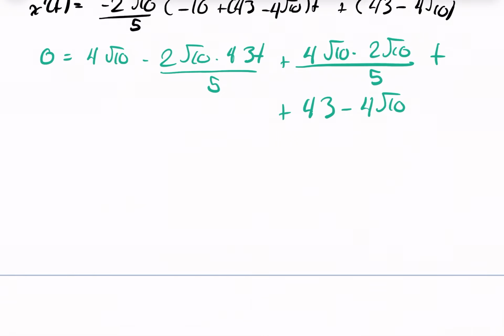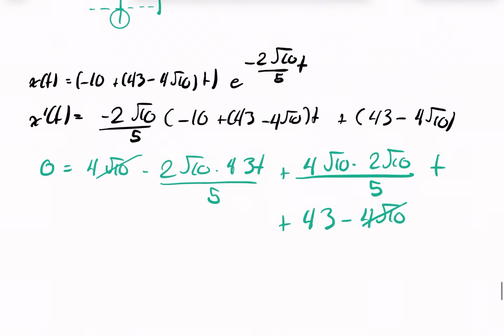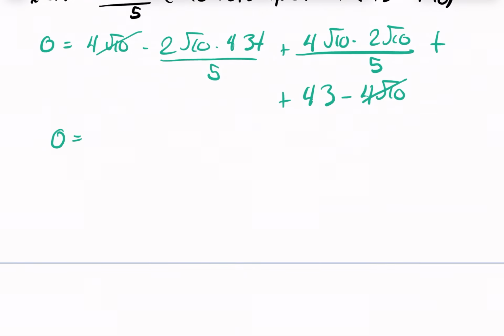Okay, cool. And so then we're going to simplify. We see that this and this cancel out, and you're going to add these two up and then be left with 40. What was my initial condition? Oh yeah, we're on question 6 right now. So we're at 43, and then we get 0 equals 80 minus 86 root 10 over 5t plus 43.